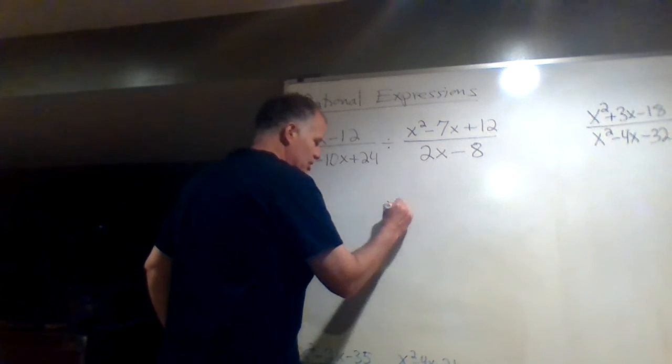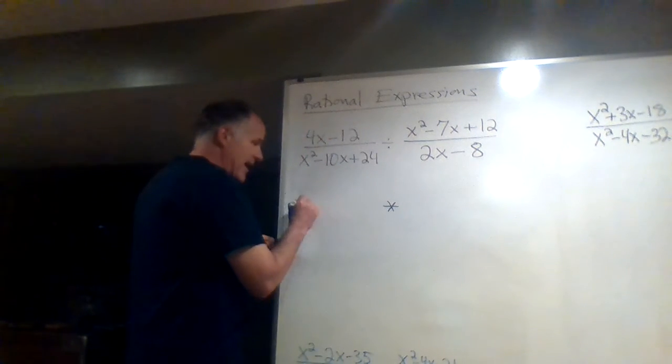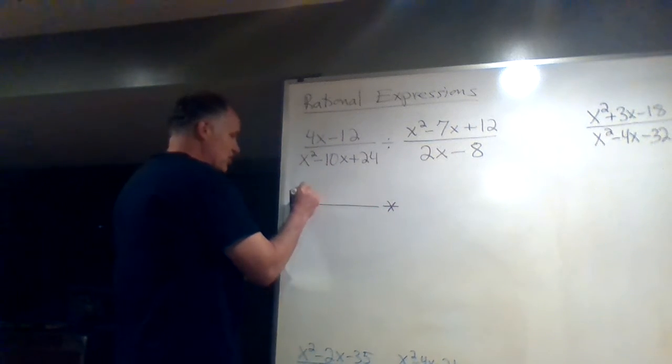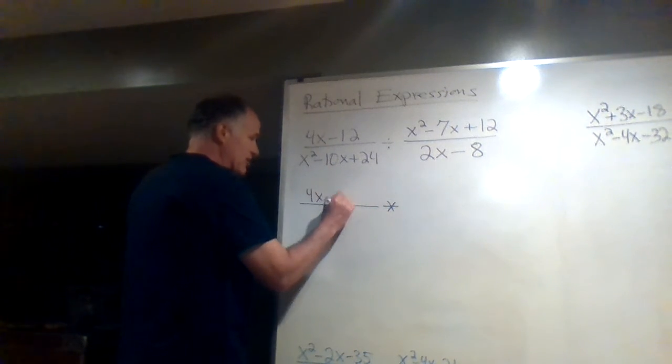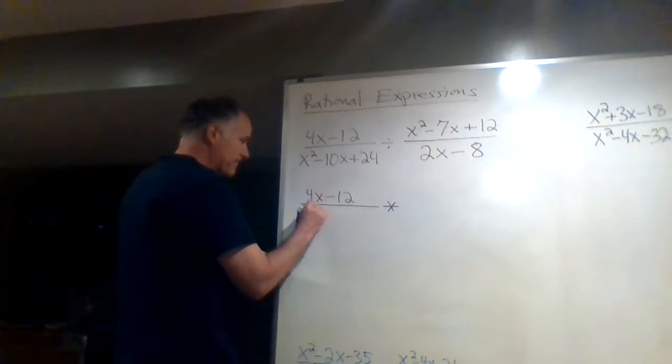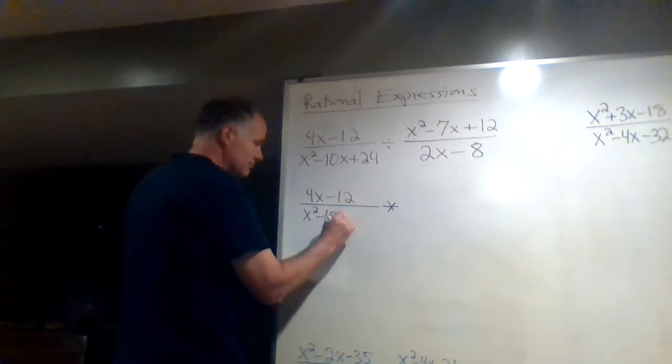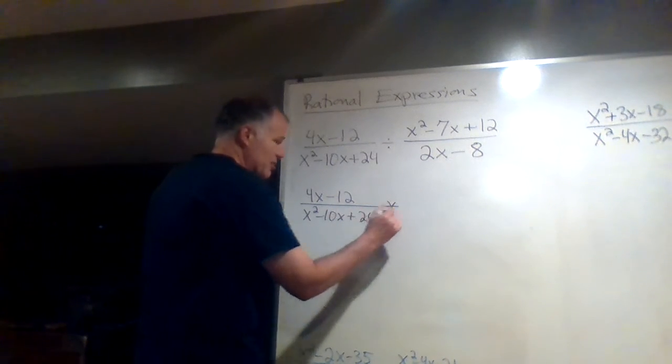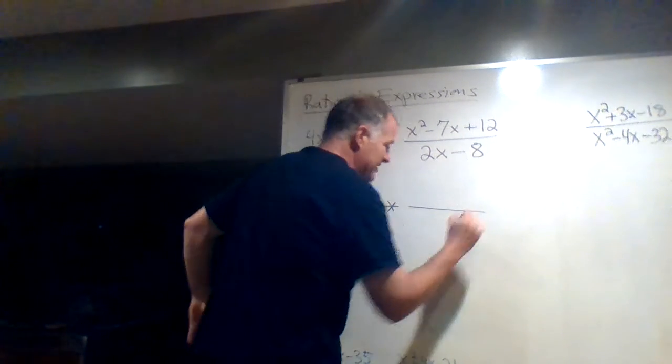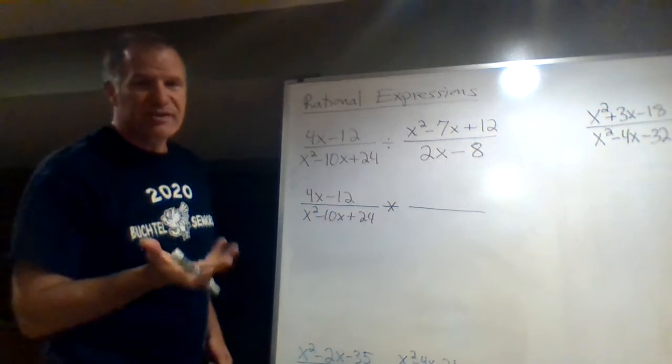I'll go ahead and put a little star there for multiplying. And if you remember, the first fraction stays the same, just like you'd learn back in middle school. So the first fraction stays the same, but the second fraction reciprocal.